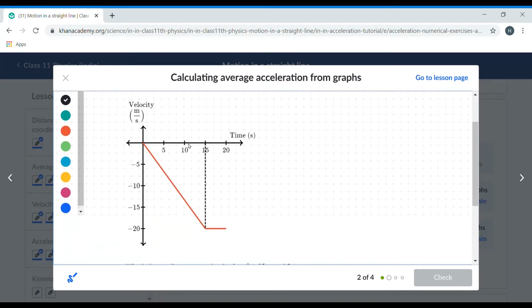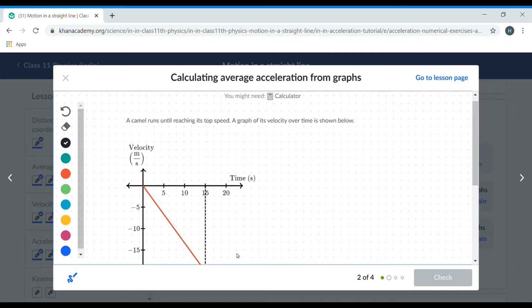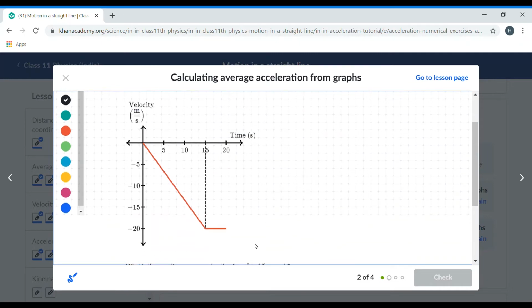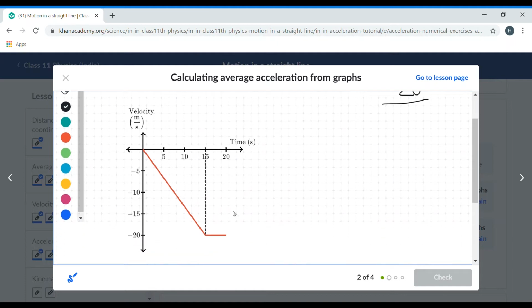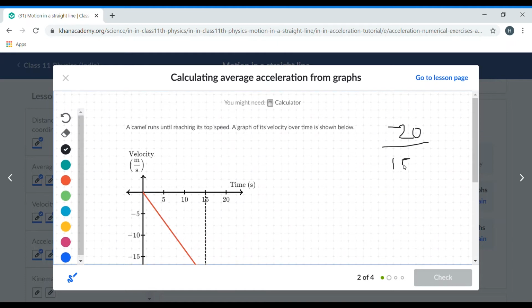So from 0 to 15 seconds, its initial velocity was 0 and its final velocity was minus 20 meters per second. So minus 20 minus 0 is equal to the change in velocity. So change in velocity is equal to minus 20 meters per second over change in time, which is 15 seconds. So meters per second over seconds.